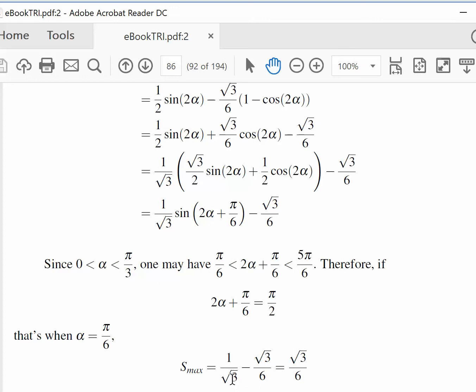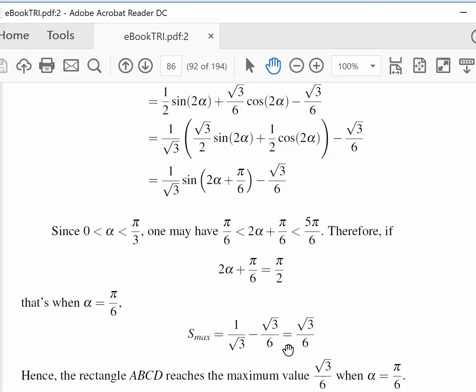You can rationalize this one, 1 over radical 3. Both numerator and denominator multiplied by radical 3. So you have radical 3 over 3 and multiplied by 2 on both numerator and denominator. So eventually you have a maximum value for the area, which will be radical 3 over 6.